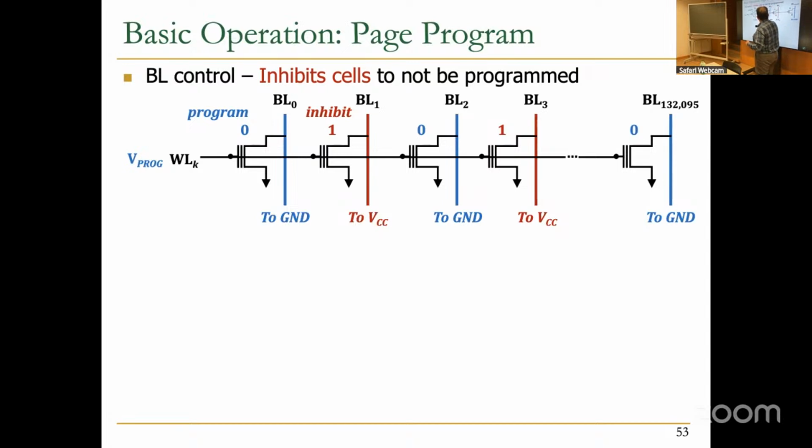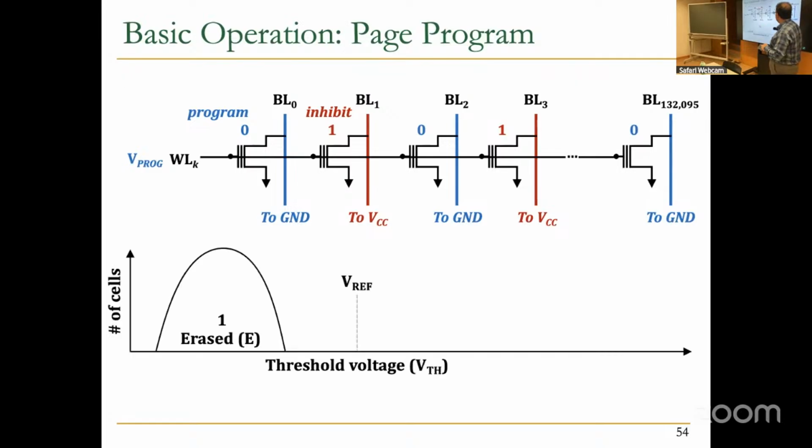If you apply VCC to the bit line, you're essentially inhibiting that cell. This cell is not going to be programmed at all, because you control which voltage you are driving to the bit line. To fully understand it, you need to know the details of the circuitry, but this is just to give you an idea that you are able to control every single cell in the flash memory.